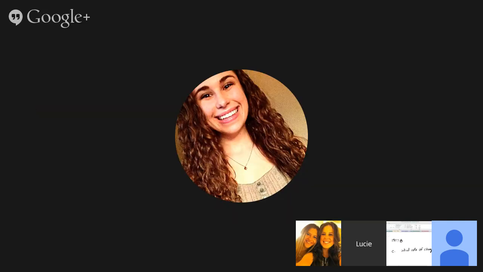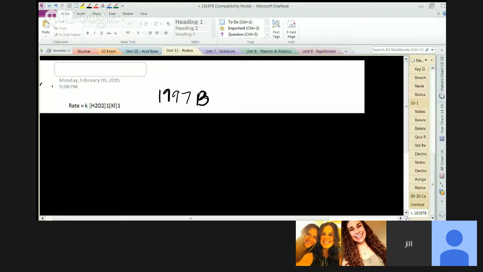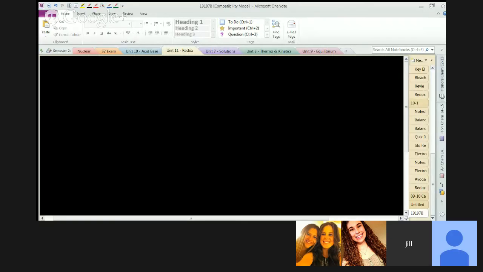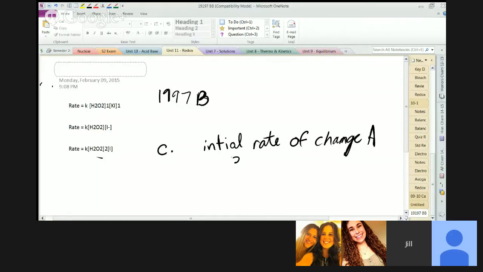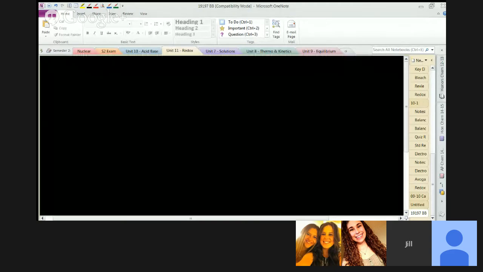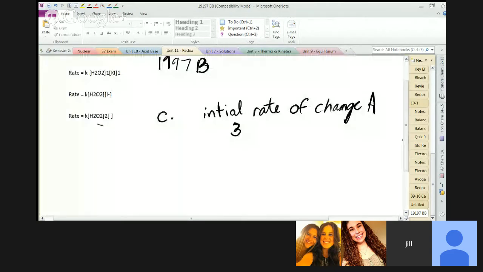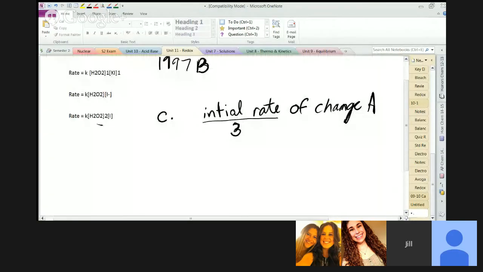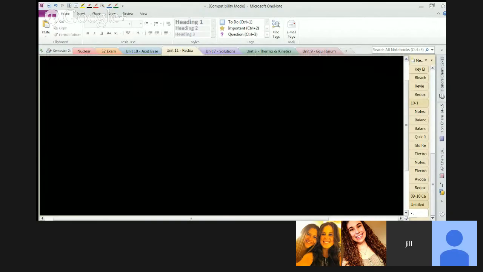If it's asking you to find the initial rate of change, in this case the rate of change of A in experiment 3, looking back at the data for experiment 3, you know concentrations initially, and you know the initial rate of formation of C, in that table at the top. So it's asking you to find an initial rate, and one of the pieces of information you have is the initial rate of something else. So it probably means you're going to do those relative rates that we started with.